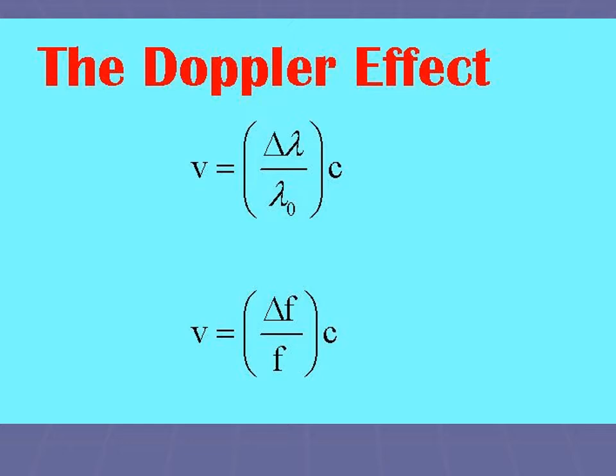There's a formula for that called the Doppler formula. And so, for example, let's say that there's a star that you know the wavelength, so lambda sub 0 means the wavelength of what that star is going to be if it's not moving. So there's a particular spectral line.